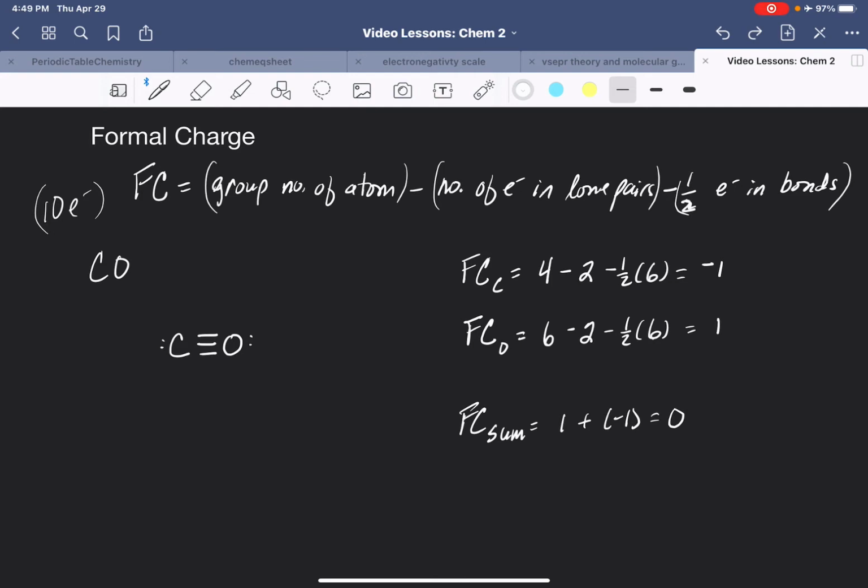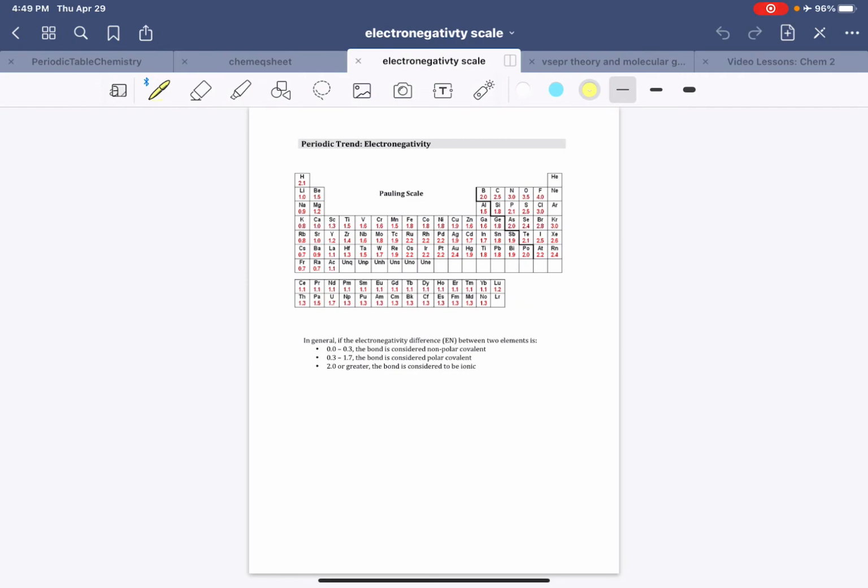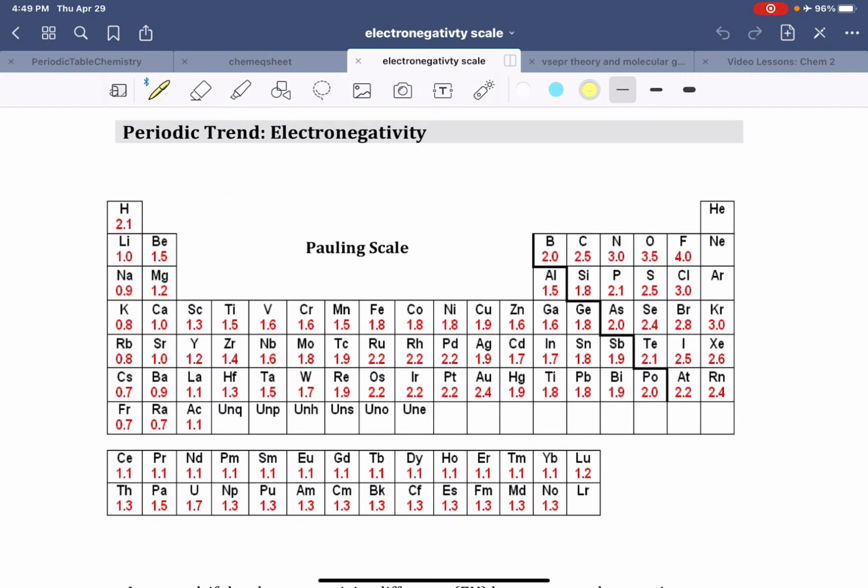What we do see here in carbon monoxide is that the carbon is carrying a negative charge and the oxygen is carrying a positive charge. So we come back over here and we write those charge symbols accordingly. So if we looked at electronegativity, if we go to our electronegativity scale, which we've talked about, oxygen is 3.5, carbon 2.5.